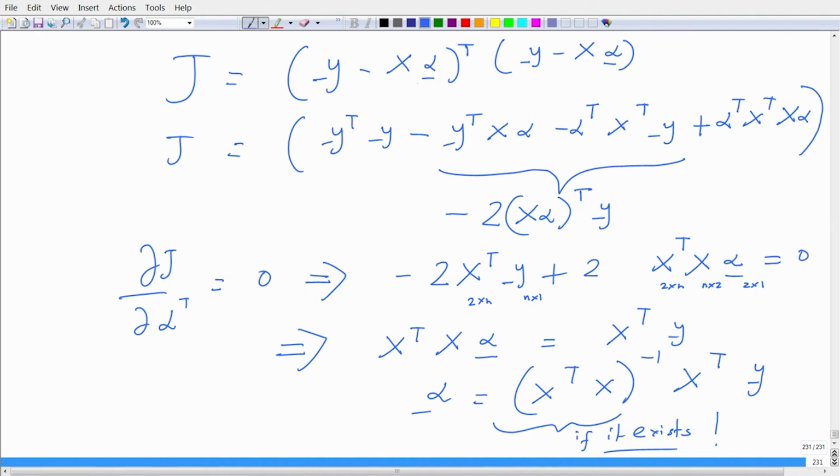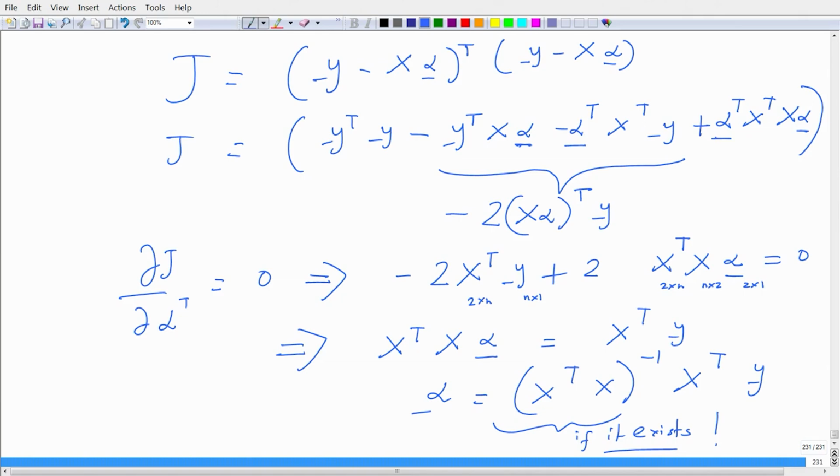I get y transposed y minus y transposed X times alpha, and there is a bar under alpha indicating it is a vector. Similarly, I have alpha transposed X transposed y plus alpha transposed X transpose X times alpha, again with a bar under alpha indicating it is a vector.